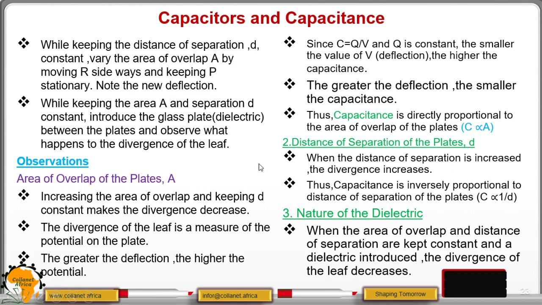Because initially, before the introduction of the glass plate, the air particles were acting as the dielectric. By introducing it, we see the change of the leaf divergence, which implies that we have 3 factors that affect the capacitance of a capacitor. Number 1 is the area of overlap, number 2, the distance of separation, and number 3, the nature of dielectric.